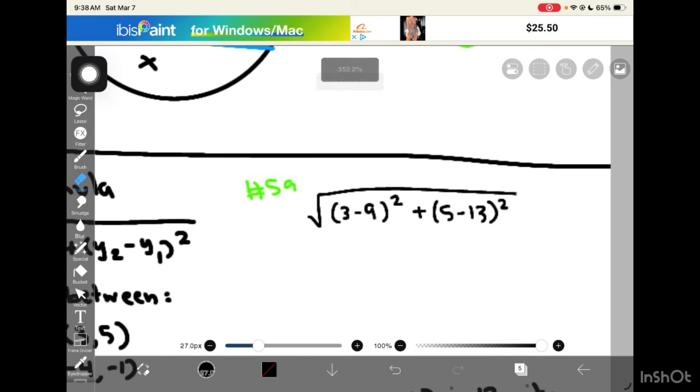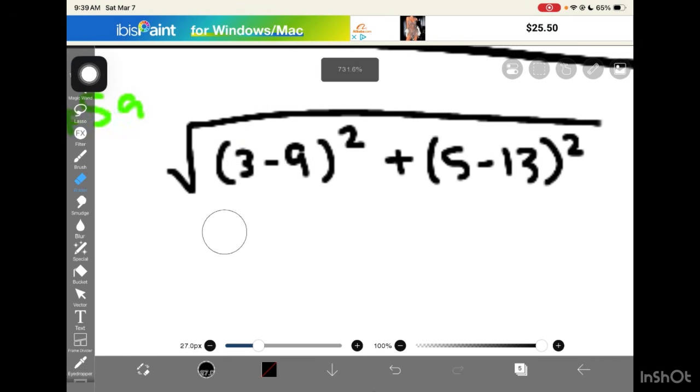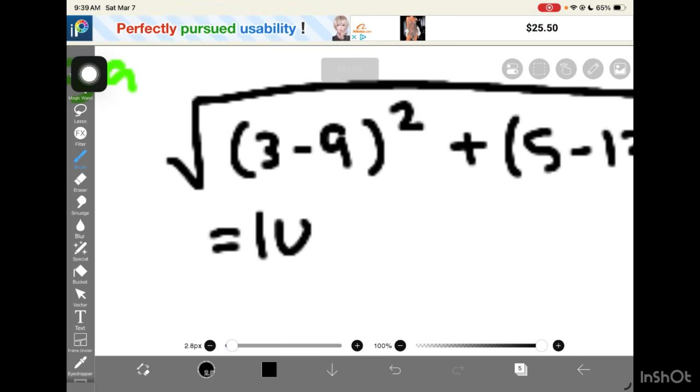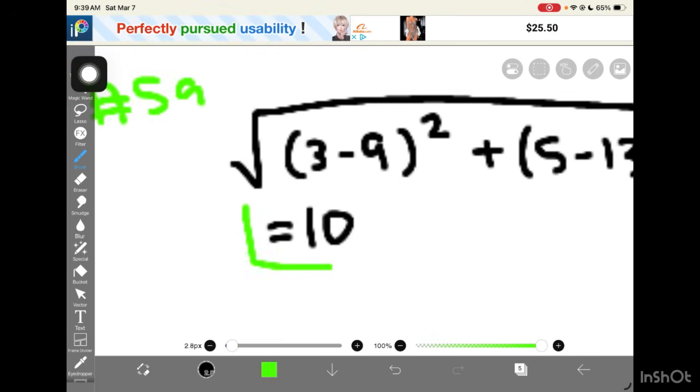So try to put this in your calculator. This is equal to the square root of negative 6 squared plus negative 8 squared, and this is just equal to 10. So the answer for this one is 10.